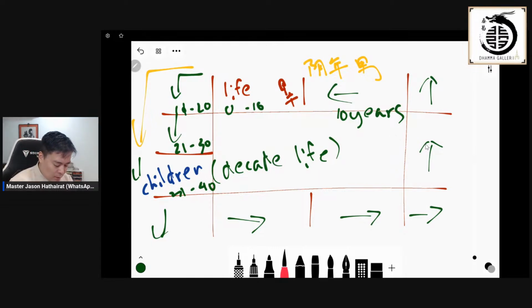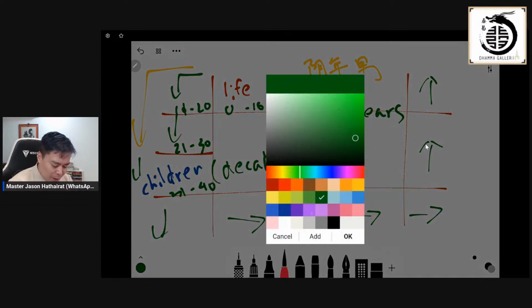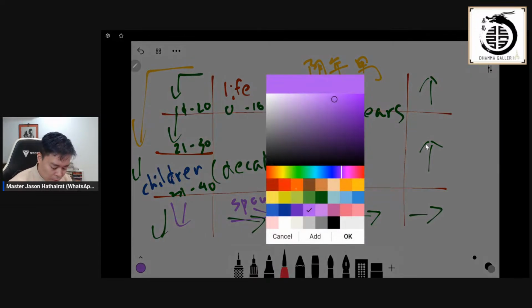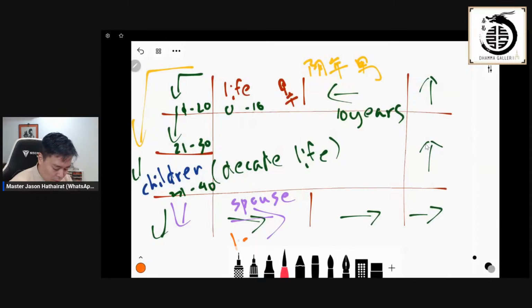And the decade spouse domain will also be shifted to the original body domain, the natal body, which is the decade spouse.